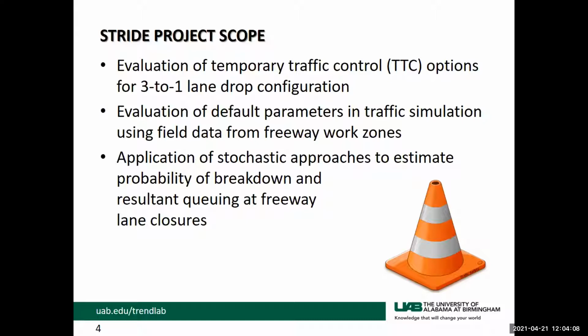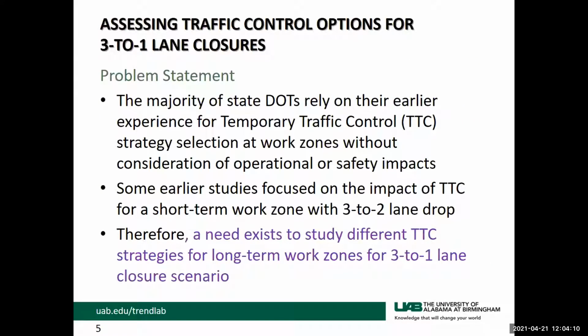The first topic focused on assessing traffic control options for 3-to-1 lane closures. Motivation for this study was an earlier study that we had performed here at UAB that was also sponsored by STRIDE UTC, where we asked Department of Transportation representatives to give us some information about how they choose the traffic control when they plan for work zones.